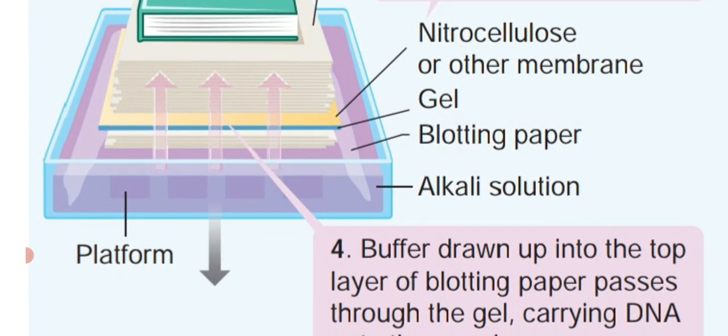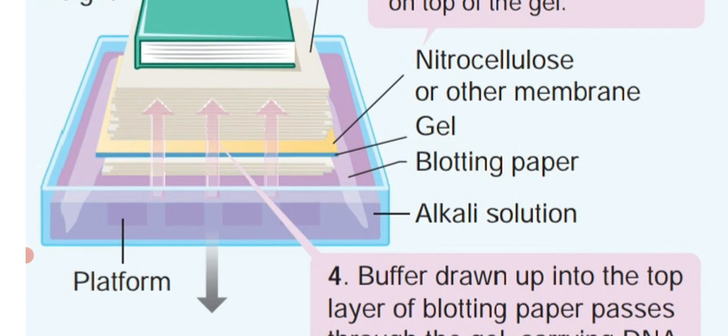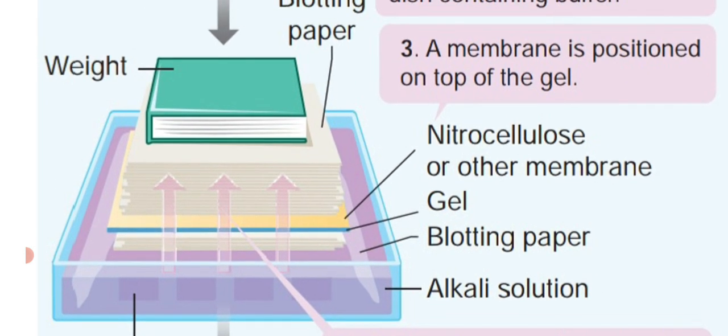Then they have the agarose gel on top of that, which is blue with a yellow color and a blue border, along with the nitrocellulose or other membrane. Then on top of the nitrocellulose membrane, they are placing different filter papers, a mass of filter papers, and over that they apply the weight.